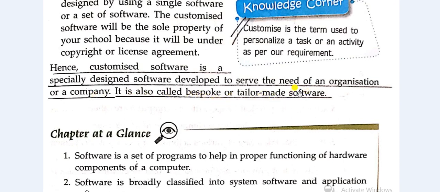So the software which is designed to meet the specific needs of any user or any organization is called specific purpose application software, like Tally, a reservation system, a billing system, etc. These are specially designed for the special purpose of the user. So this is customized software or special purpose software.